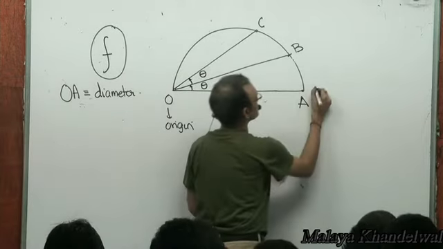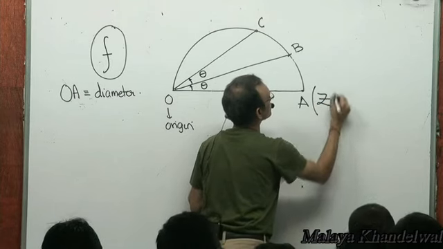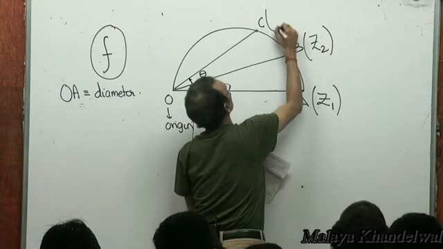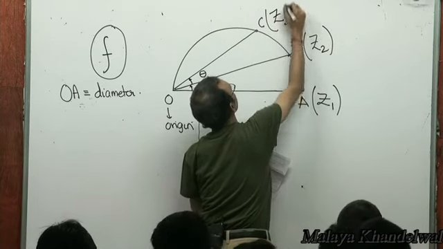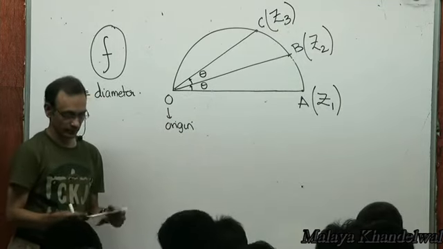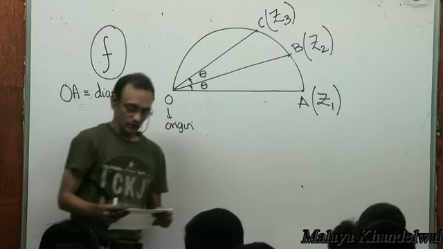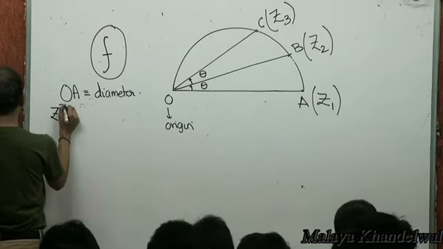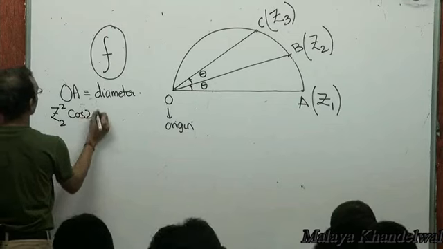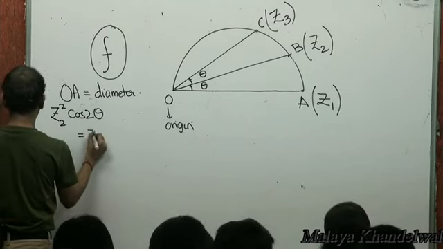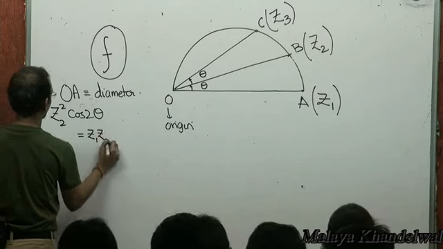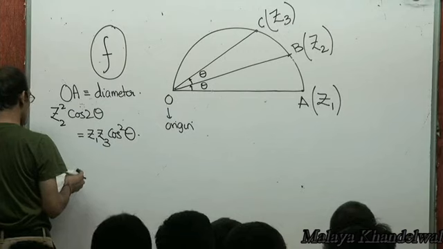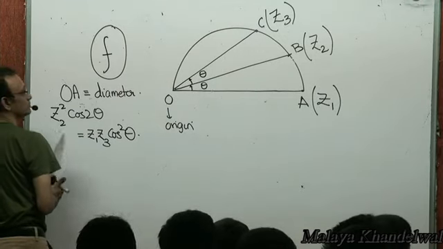A, B, C have position vectors z1, z2, z3. We want to show that z2 squared cos 2 theta is z1 z3 cos square theta.